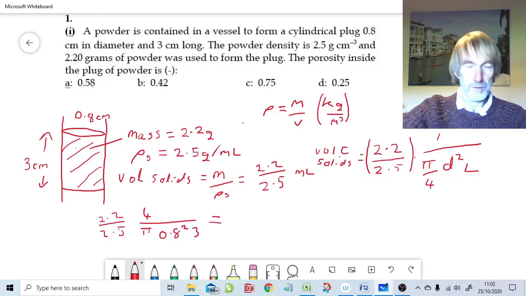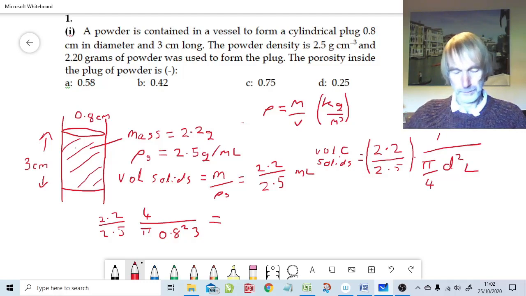So if I go for my trusty calculator, it's a very basic calculator, but it doesn't need to be any more sophisticated than that for this. 2.2 divided by 2.5 is 0.88. So that's the volume of solids that's in the bed.